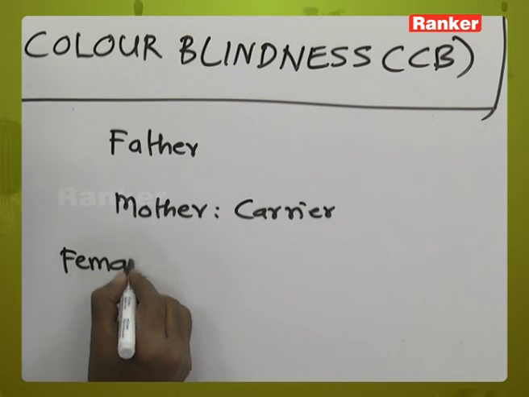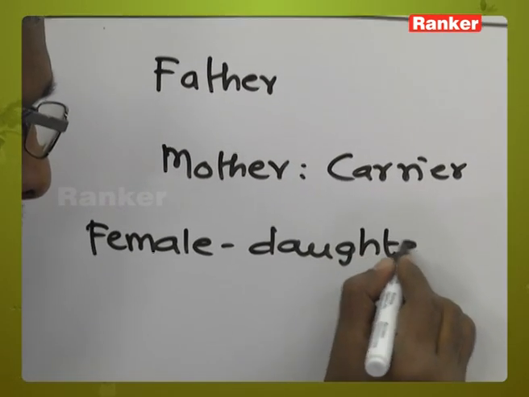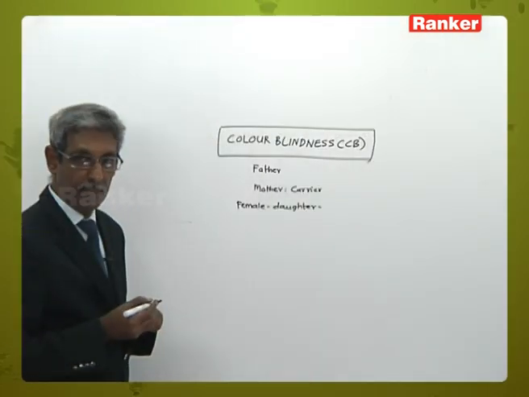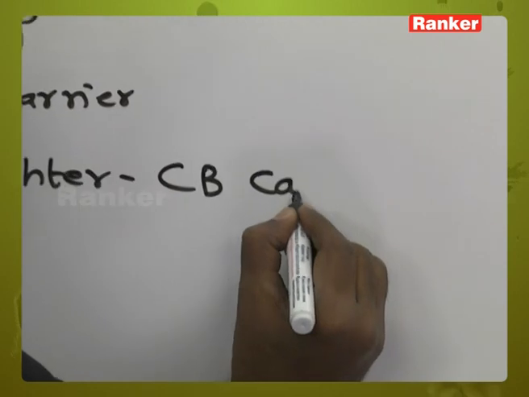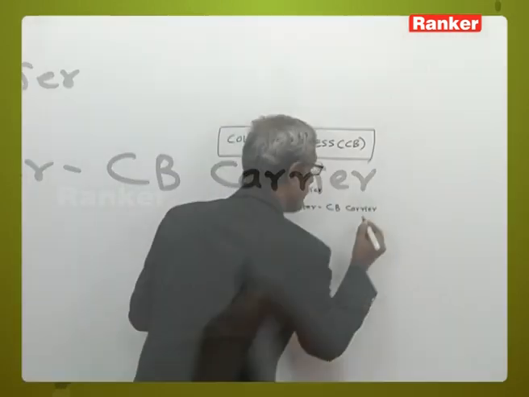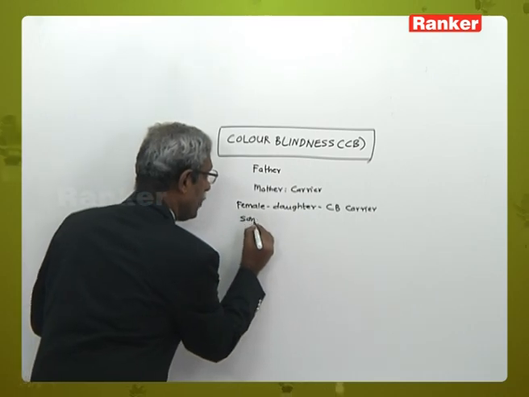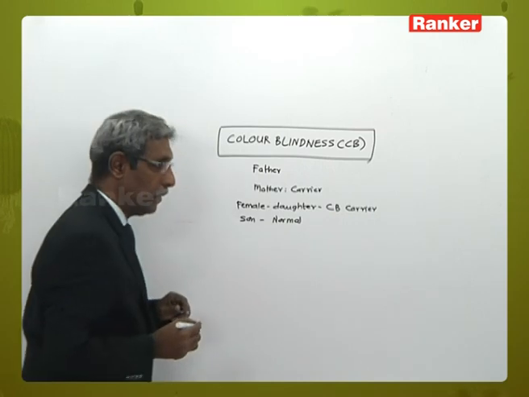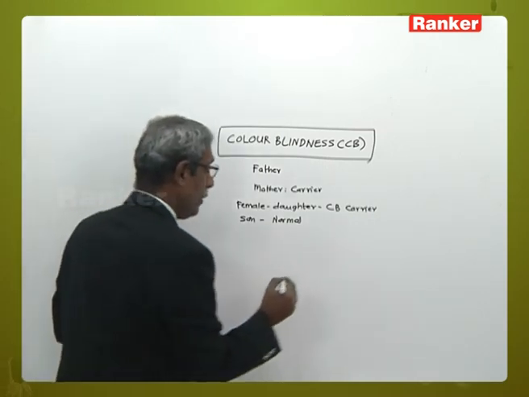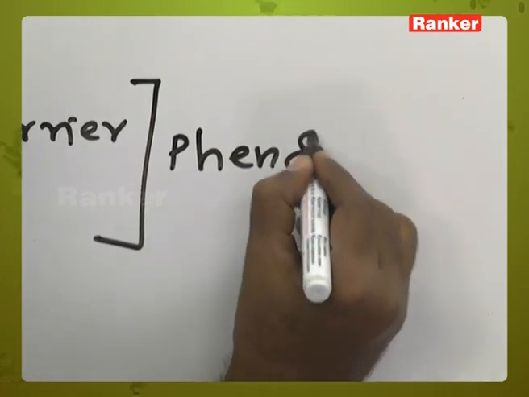Thereby, the daughter is also a carrier of the color blindness disease. The sons would normally be normal, though phenotypically you may not be able to distinguish between them. So, they are phenotypically similar.